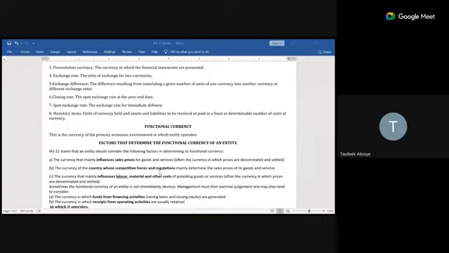The second one is the currency of the country whose competitive forces and regulations mainly determine the sales price. When we talk about competitive forces, we mean your competitors and your regulators.